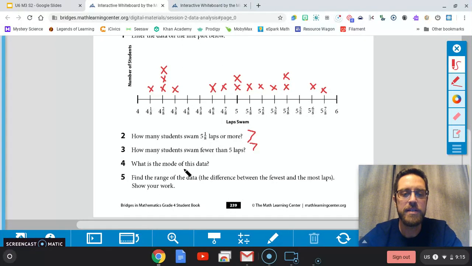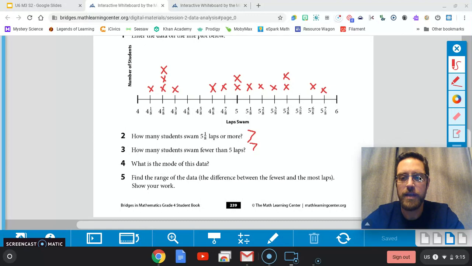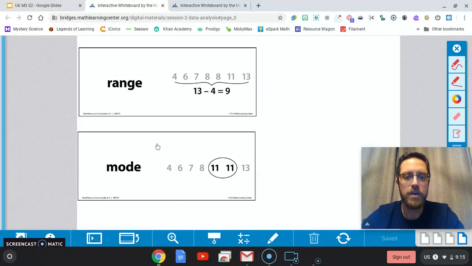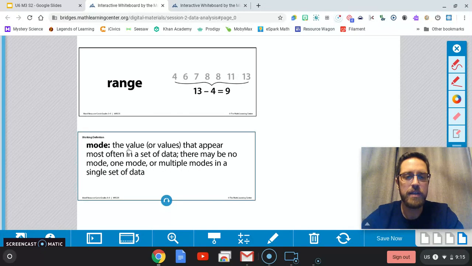Now it says, what is the mode of this data? So when we're thinking about mode, what does the word mode mean? In this case, the word mode means it's the value that appears most often in a set of data. So the mode is the number that appears most often.